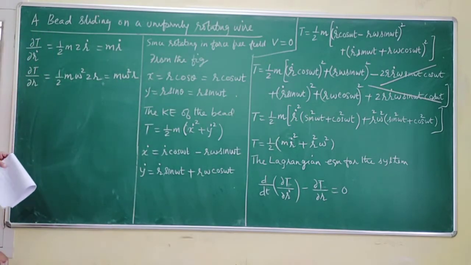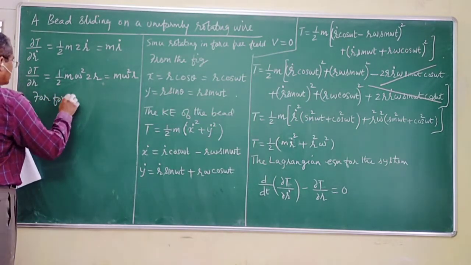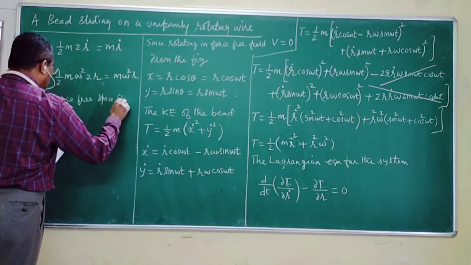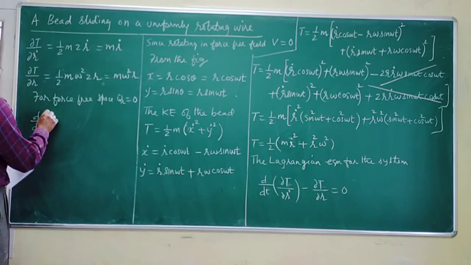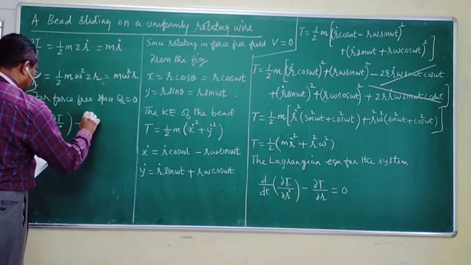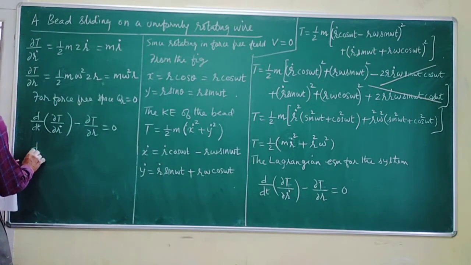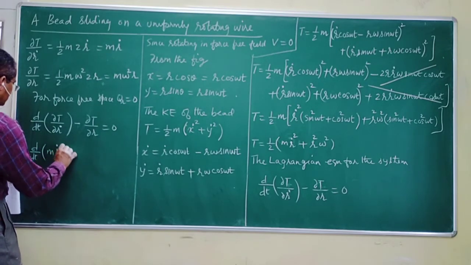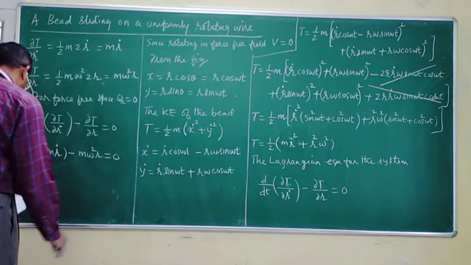Is that okay to you, sir? For force free space, Q of r will be 0. Therefore, d by dt of dou T by dou r dot minus dou T by dou r is equal to 0. d by dt of m r dot minus m omega squared r is equal to 0.